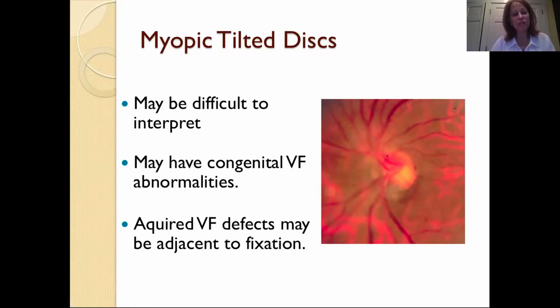But when they do go on to develop glaucomatous loss, they often acquire their visual field defects right adjacent to fixation. Most people, when they get field loss, spare the central points on the visual field, the central 5 or 10 degrees initially, and actually are more prone to have defects from like 10 to 30 degrees. But myopic tilted optic discs, their first defect is often juxtafoveal, right near the fovea.